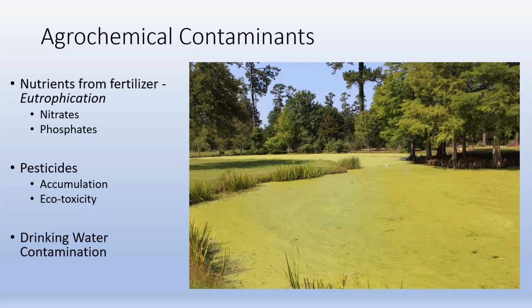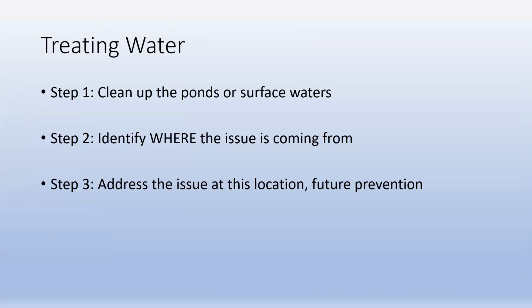So you really don't want that in there because it leads to a lot of human health issues, particularly for young children, etc. The same can be said for pesticides. It's not healthy for us. So we want to make sure that we aren't having any issues for the ecosystem or for ourselves. So today, what I'm really going to talk about is some of these methods that we can use to treat some of this water, right?